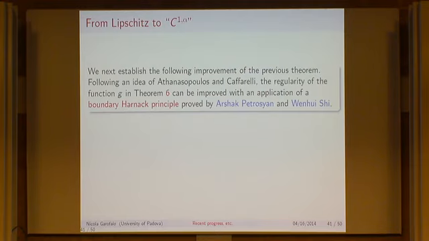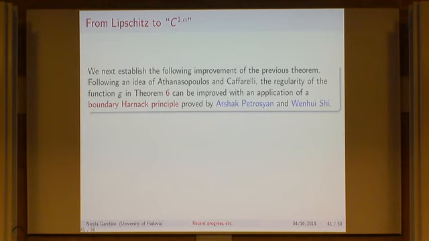Arshak Petrosyan and Wenhui Shi generalized this result to the parabolic setting. You have to work in the thin manifold, and this is non-trivial at all. This is a beautiful result of Arshak and Wenhui, and we use this result.